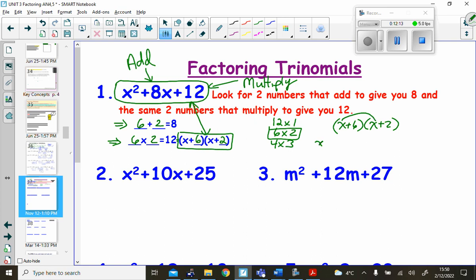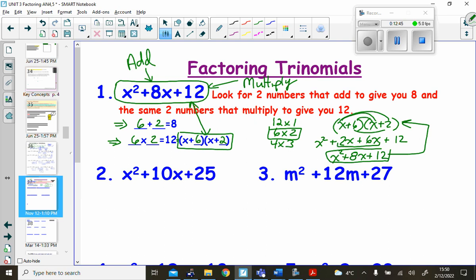First terms, x squared. Outside, 2x. Inside, 6x. Lasts, 12. Combine, x squared. What adds to give? 2 plus 6, 8x, and 12. This is that.